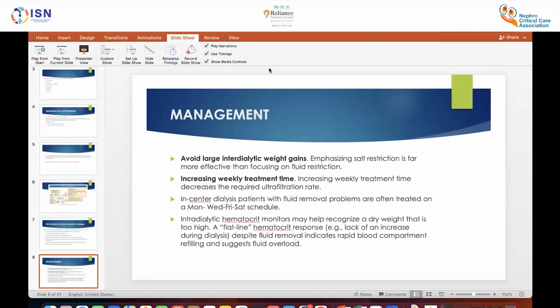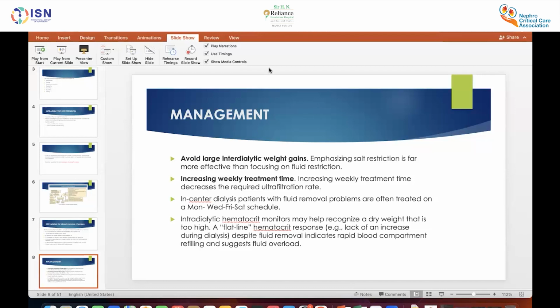There is a separate monitor attached to the dialysis machine. It monitors your hematocrit level in real time and gives you a graph.